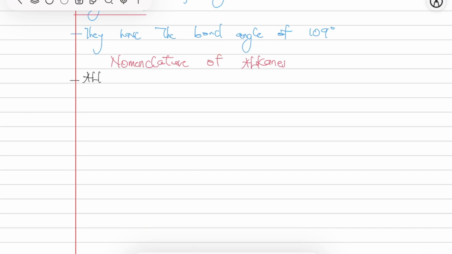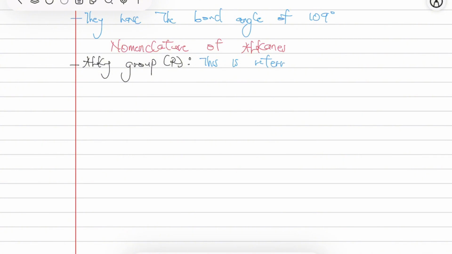Before we proceed to the nomenclature of alkanes, let us discuss an important term which will enable us to proceed. That important term is the alkyl group. The alkyl groups are referred to as substituents on the parent chain, which is the alkane.